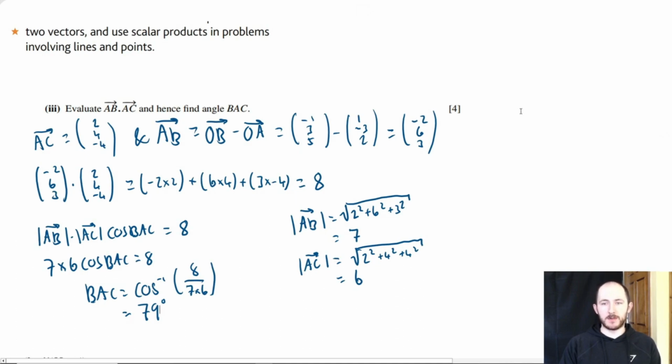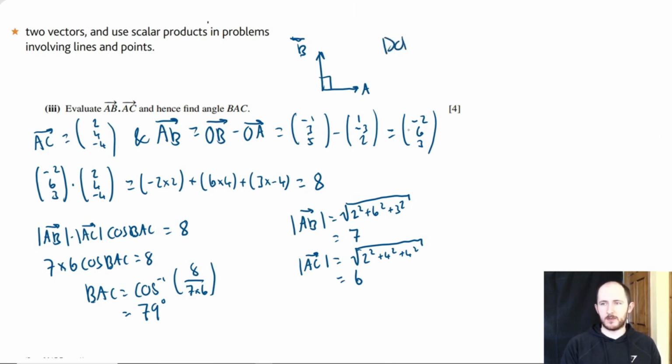Another thing that you should note, by the way, is if you look at this definition, cos BAC. If I had two vectors which were perpendicular, then the dot product is 0.